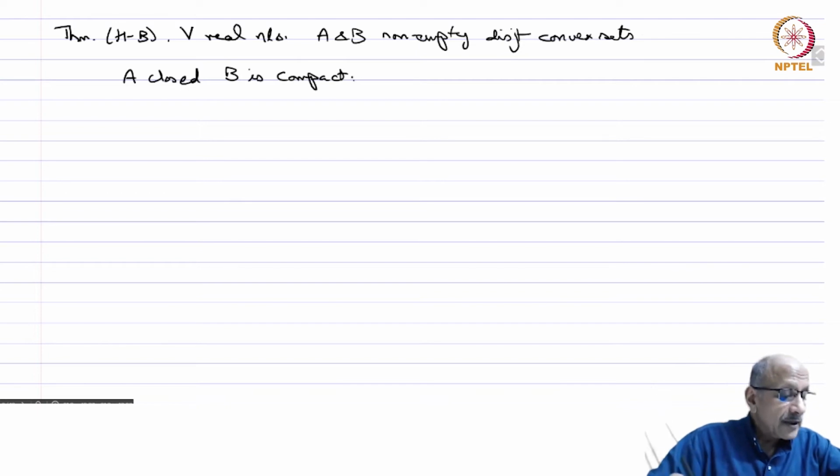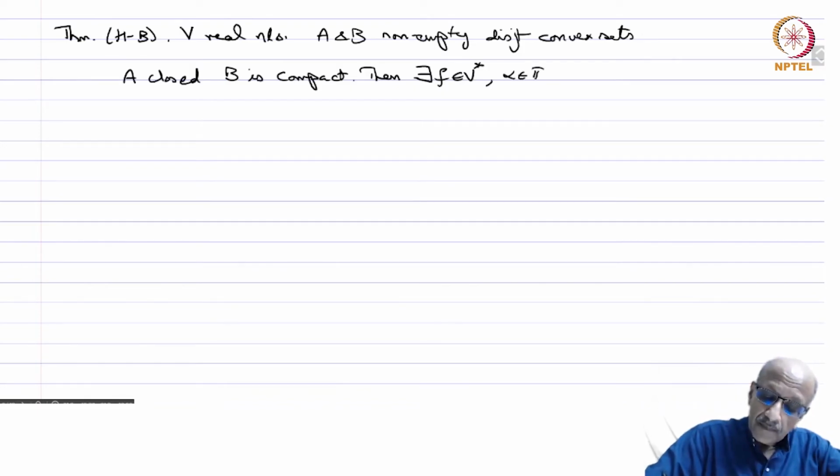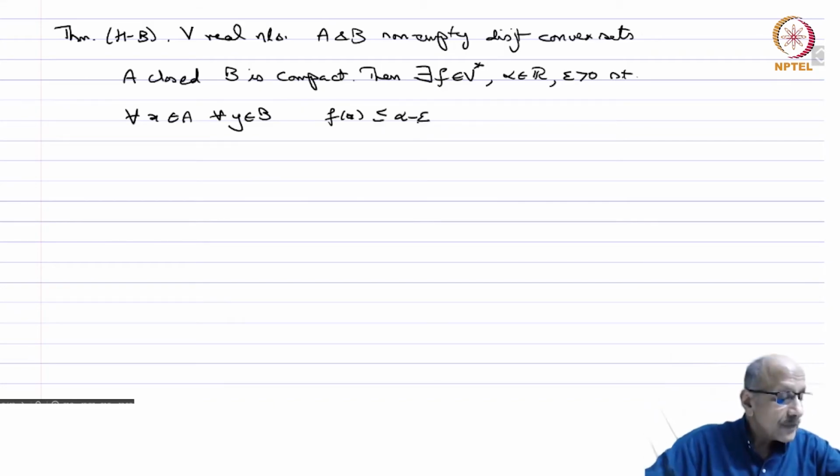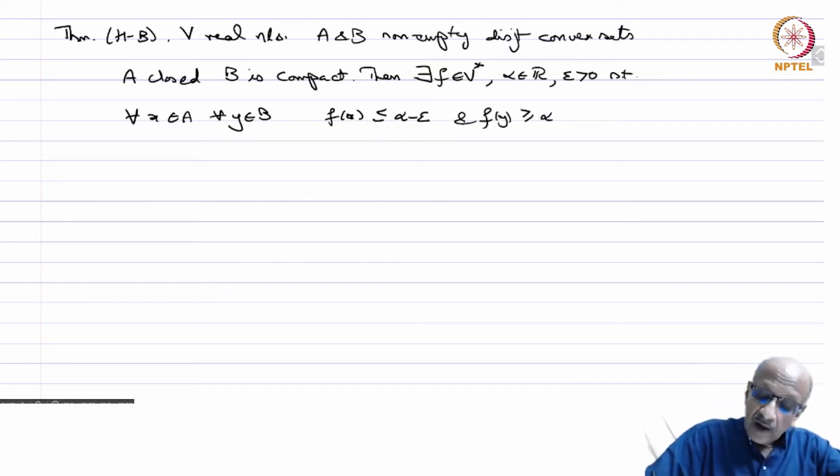Okay, so then there exists an f in V star, alpha in R, and an epsilon strictly positive, such that for every x in A and for every y in B, you have f(x) is less than or equal to alpha minus epsilon, and f(y) is greater than or equal to alpha plus epsilon.